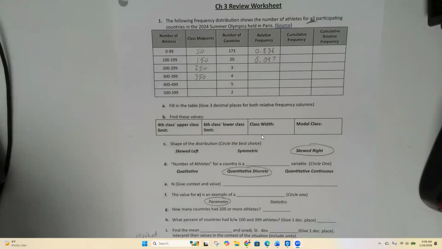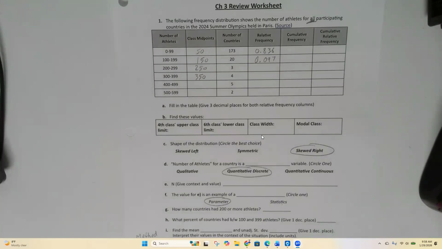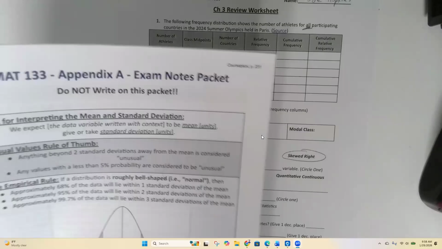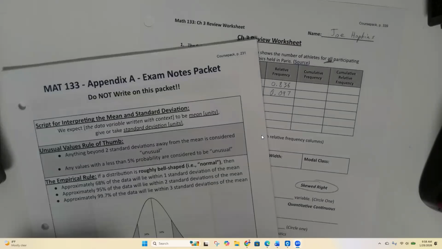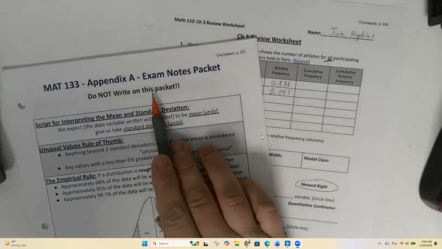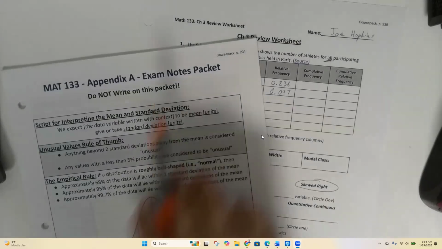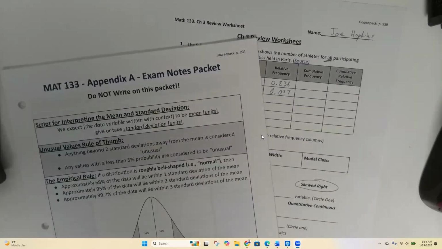Let me pull up, let me grab which page. Oh my goodness, I don't have it in front of me. Here it is. In your course pack, you have an exam notes packet, and yours is going to be yellow.